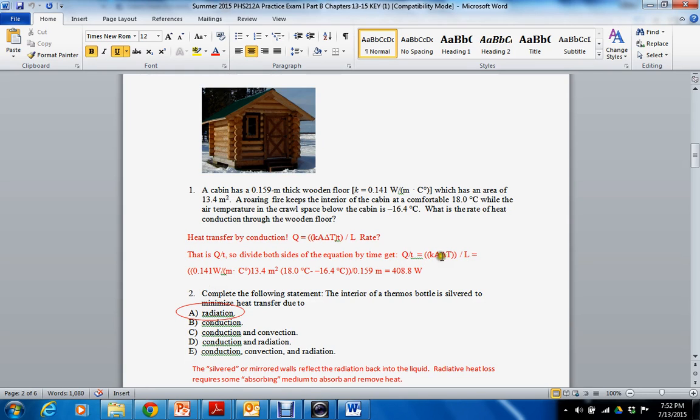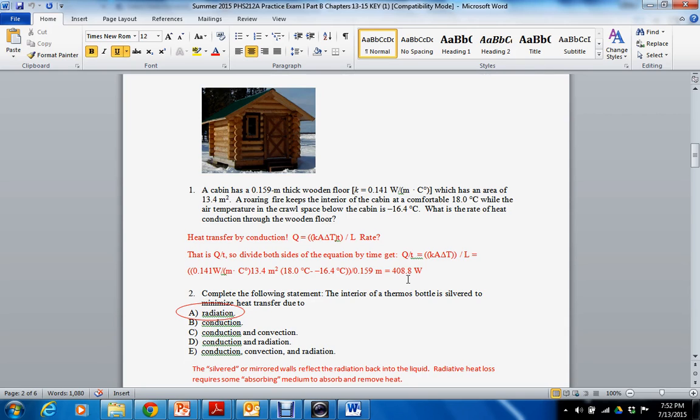So I have k, the thermal conductivity constant for this wooden floor. I have the area. We were given that. We have the difference in temperature between the inside and the outside, divided by the thickness of the floor, gives us 408.8 watts. That's the rate of heat flowing out through that floor.